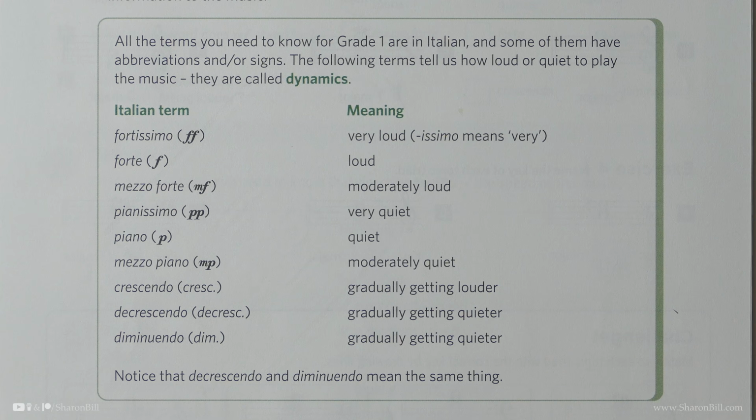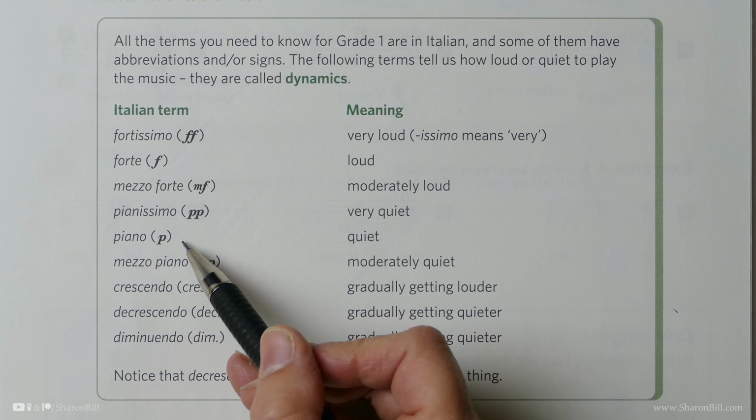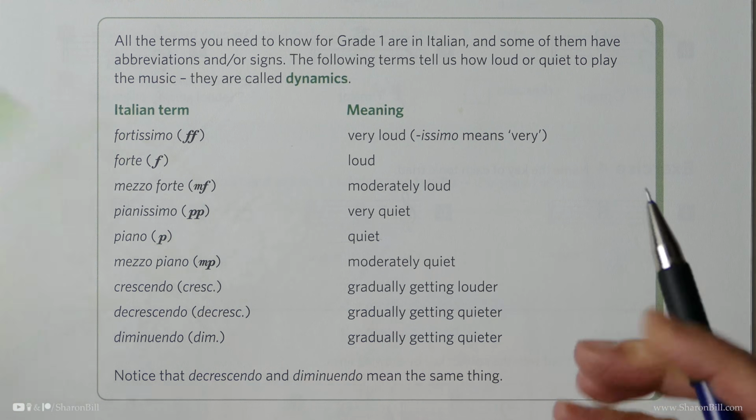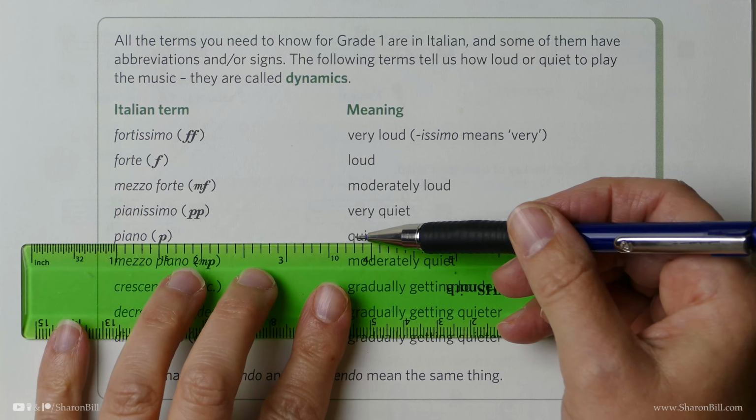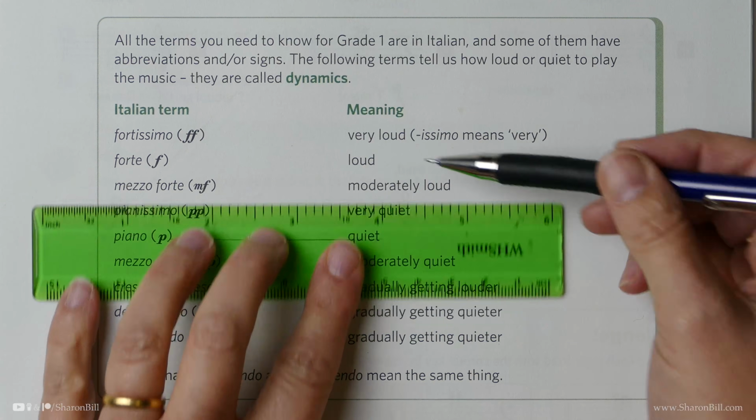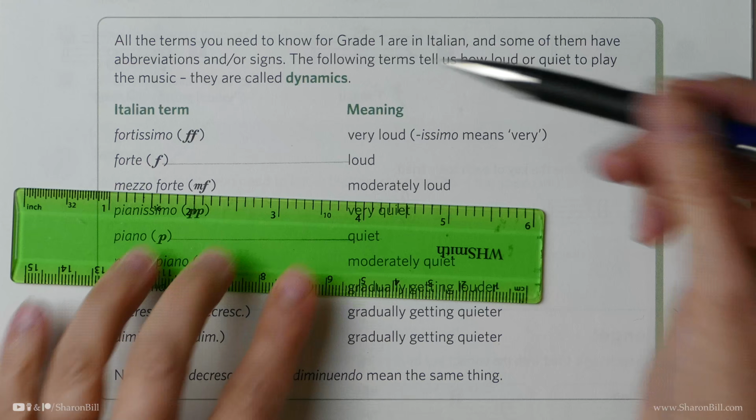And so when you play the pianoforte, you are literally playing the soft loud, or the quiet loud. It doesn't sound so great in English, does it? And that goes a long way to helping us because we know that piano is quiet and forte is loud, the soft loud.